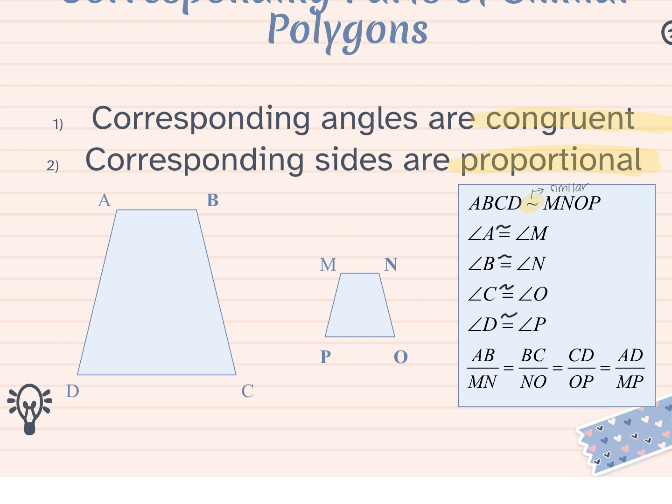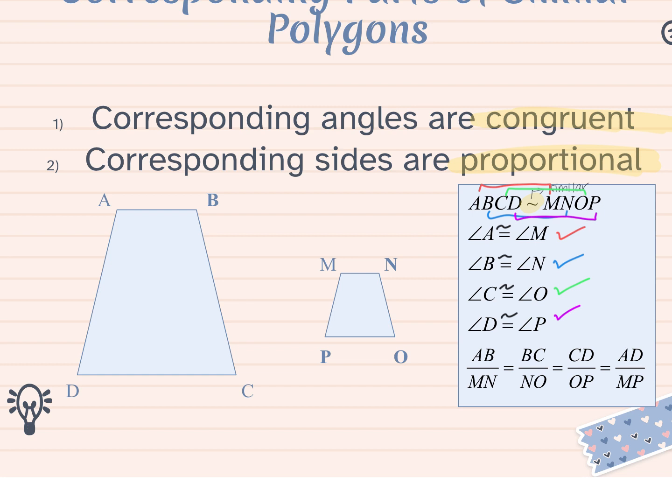When I'm matching them, I have angle A is congruent to M. Angle B is congruent to N, which is correct. Angle C is congruent to O. And angle D is congruent to P. Okay, so looking at these, your angles are going to be congruent.